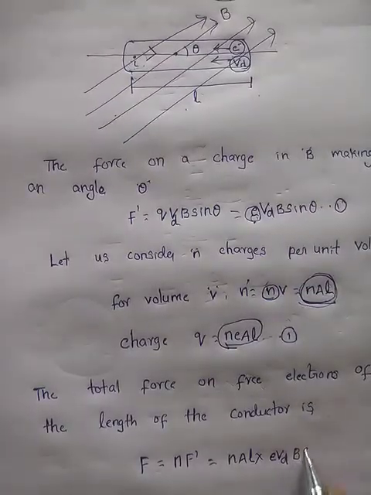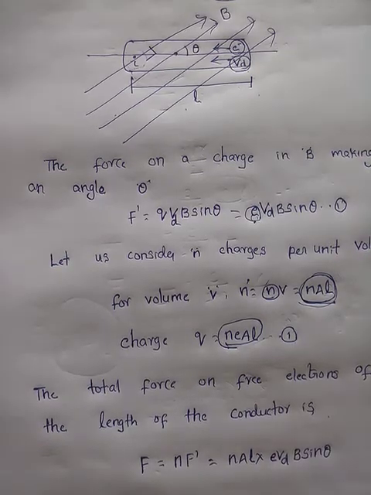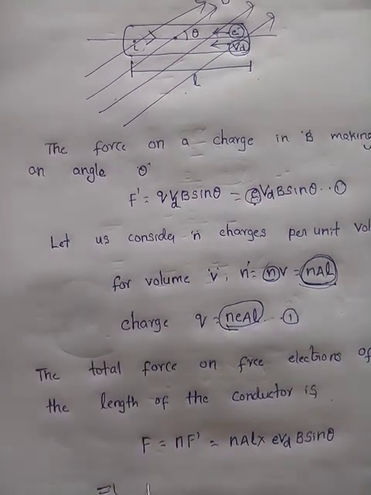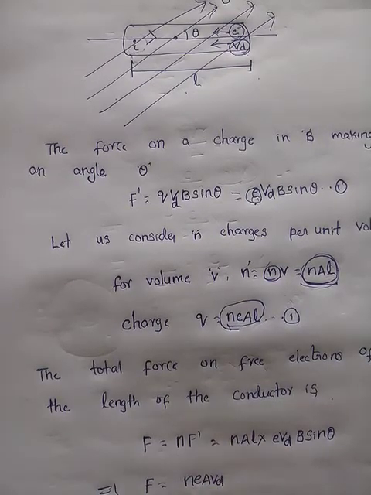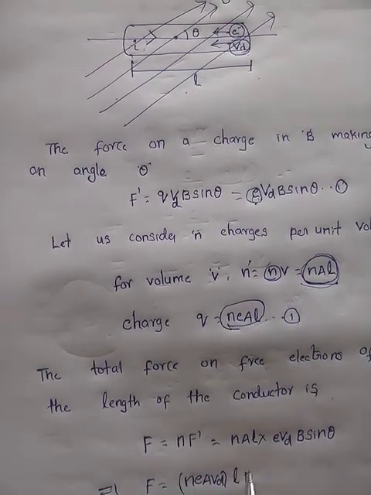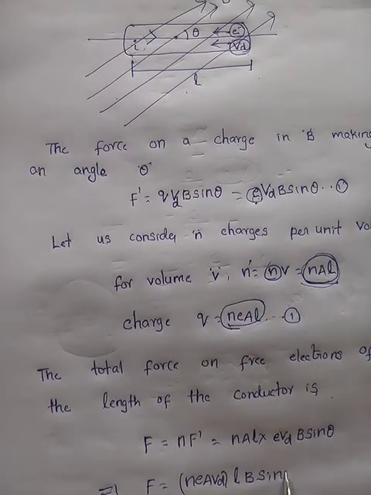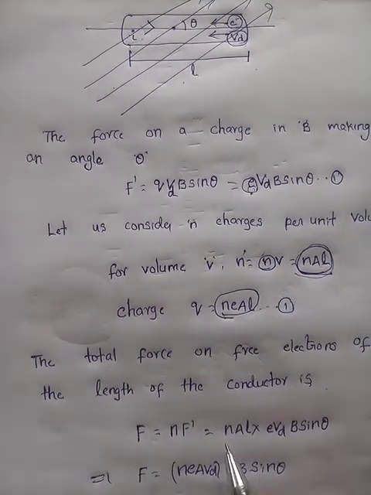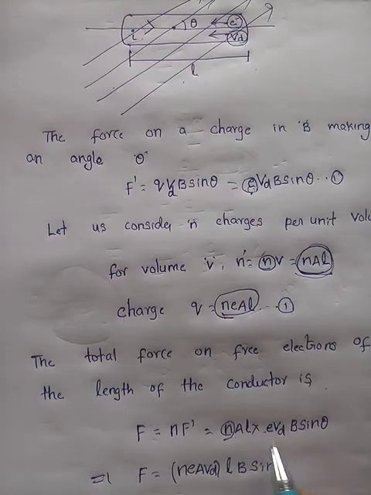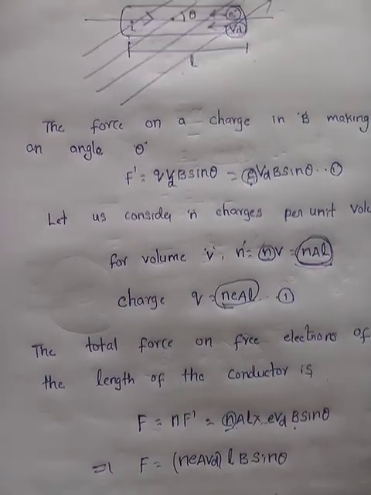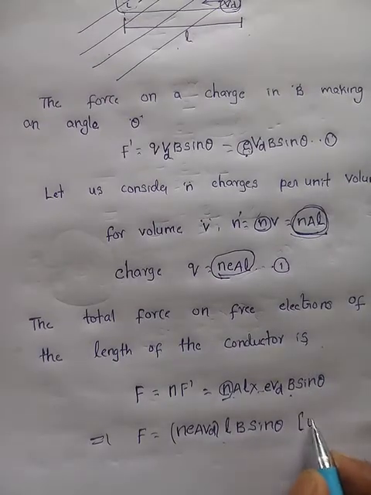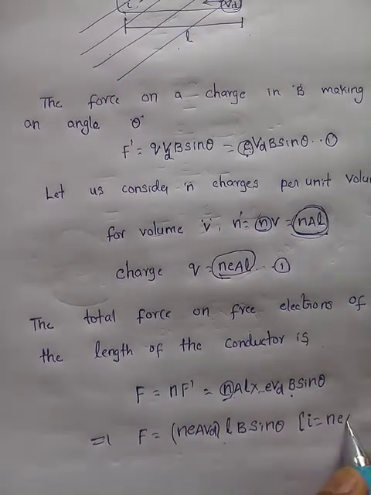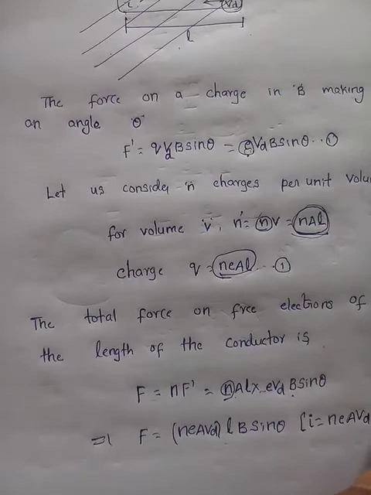e Vd B sin theta. So rewriting this equation, F is equal to n e A Vd L B sin theta. Can write, na? We know very well the relation between current and drift velocity: I is equal to n e A Vd.